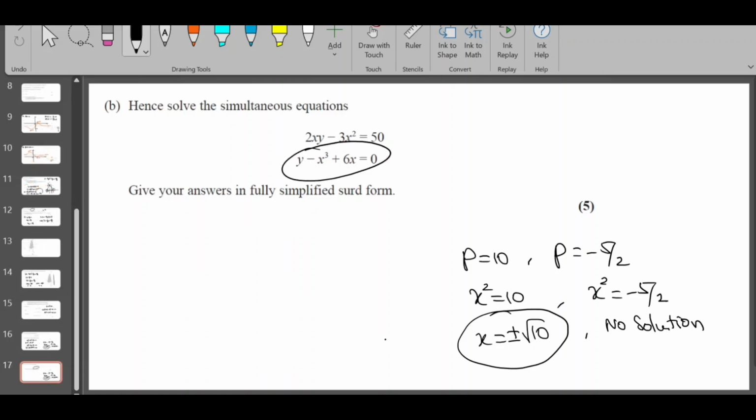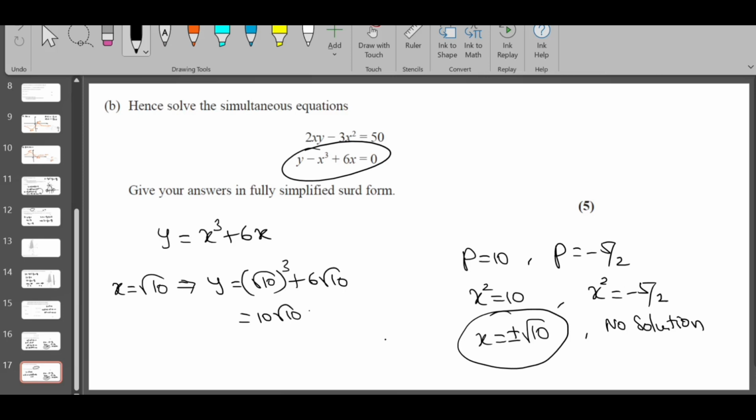From this equation, y is x cubed minus 6x. So when you take square root of 10, y is going to be square root of 10 whole cubed minus 6 root of 10. Square root of 10 whole cubed is going to be 10 root of 10 minus 6 root of 10. Sorry, this is going to be minus 6x, right?